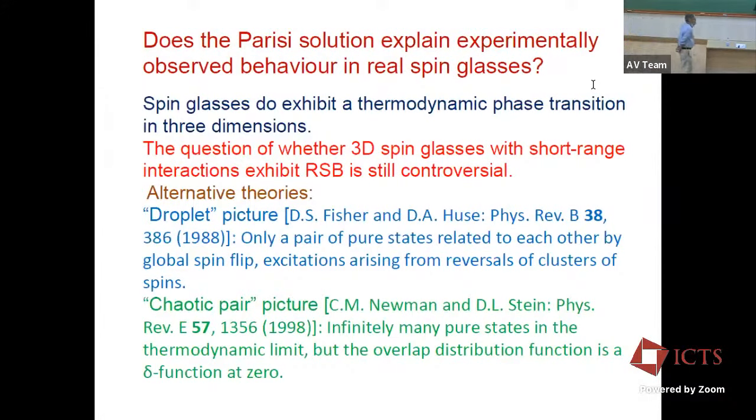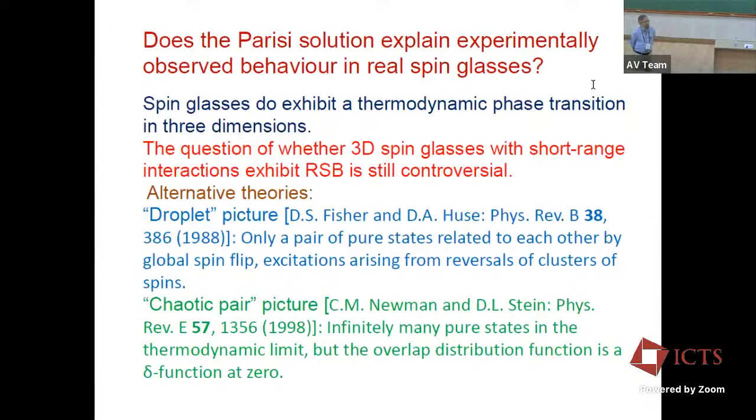So basically then the excitations are clusters of spins which are reversed relative to the other spins that you have in the background. So here also one can try to develop such a description. So that is what this Fisher and Hughes tried to do.